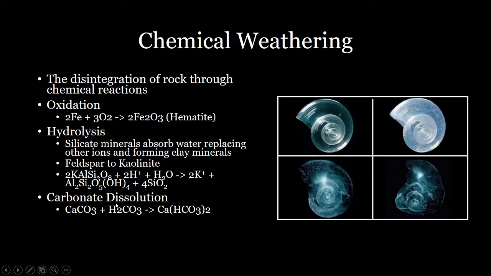The next type of chemical weathering is carbonate dissolution, which we've talked about a lot previously. This is the process of carbonate minerals that can dissolve. For example, carbonates within the shells of organisms, when they get exposed to acids such as carbonic acid, they dissolve away.